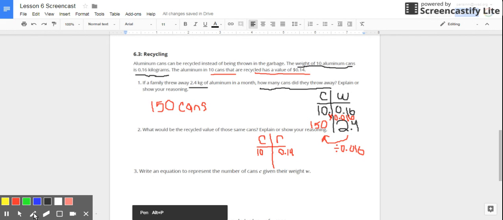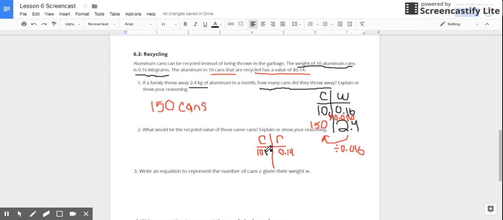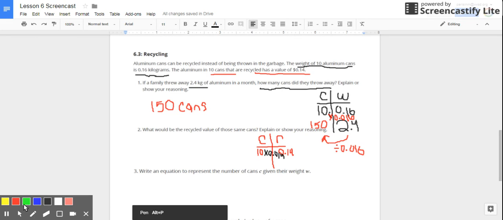What I can do first is find my constant of proportionality. 10 times something will get me 0.14. So I can take out my calculator and divide 0.14 by 10. When I do that, I get 0.014. So that's what I'm multiplying by.